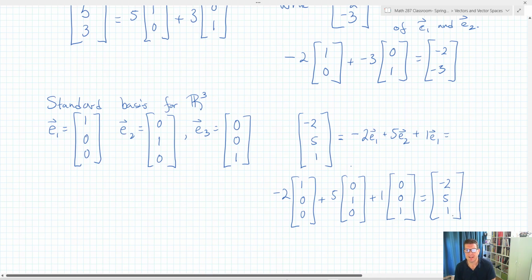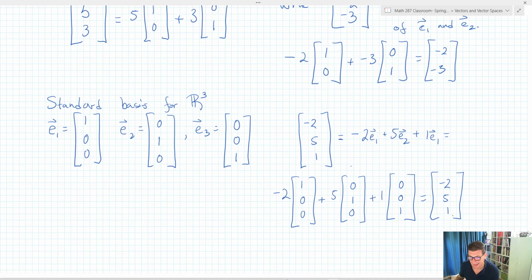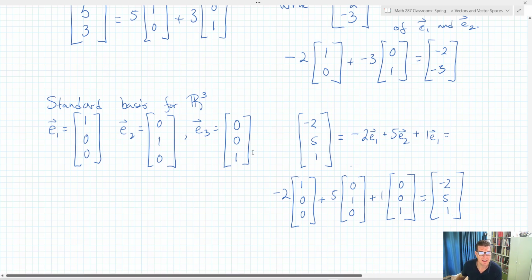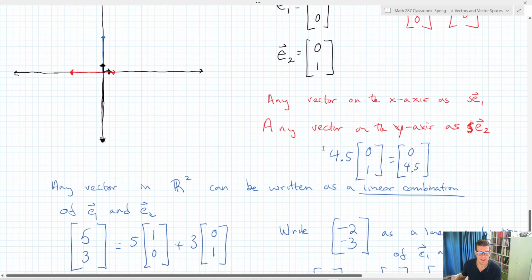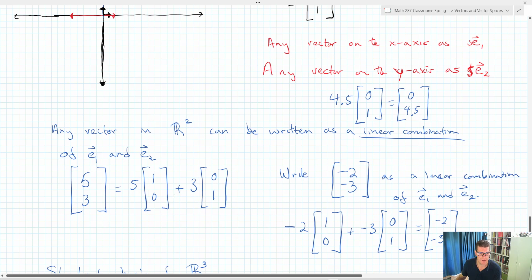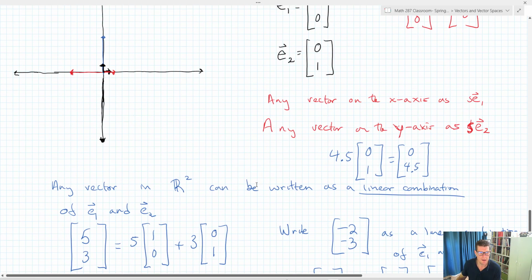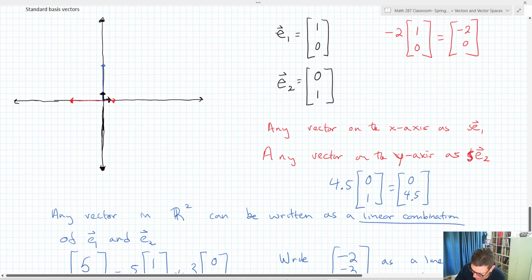Okay? If you think about this geometrically, it makes a lot of sense. We're not going to do this one three-dimensionally. Let's take a look at one of the two-dimensional vectors. Let's say, for example, the first one here, 5 times 1, 0 plus 3 times 0, 1. We go out 5 on the x-axis, and then we take 0, 1 and stretch that up by 3.